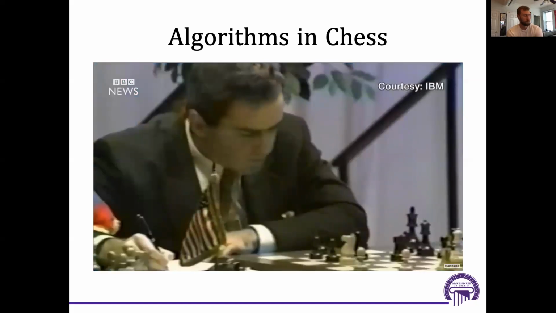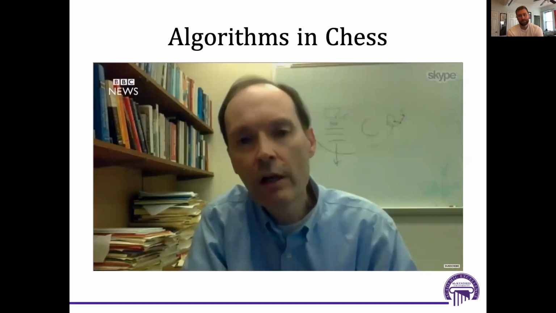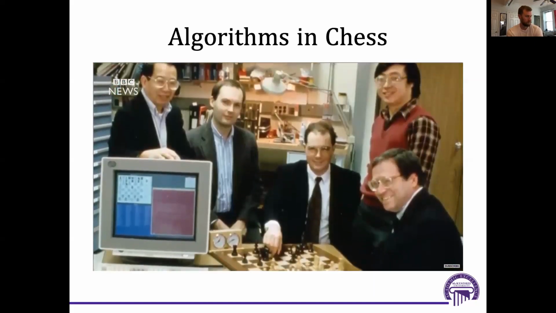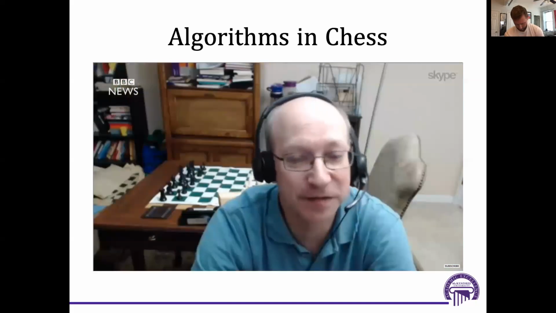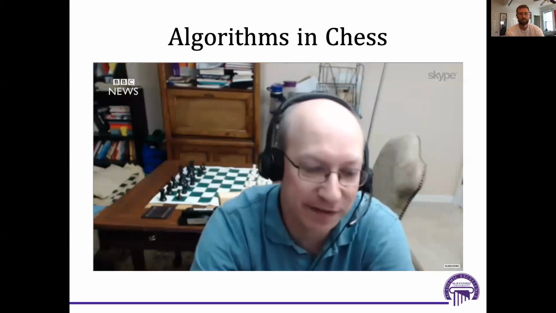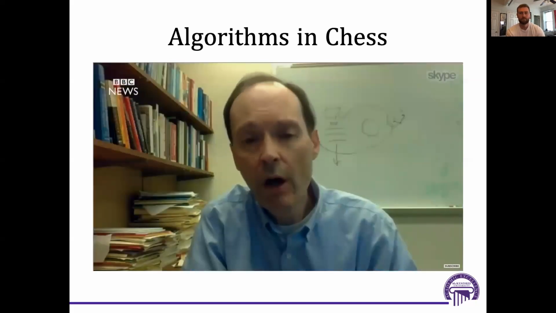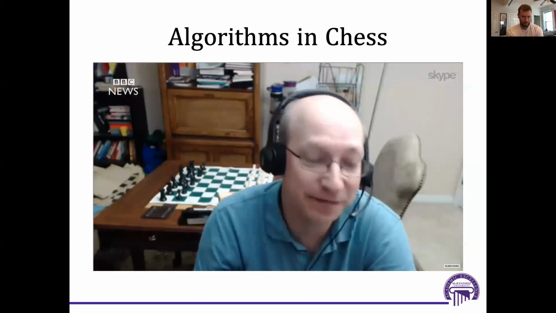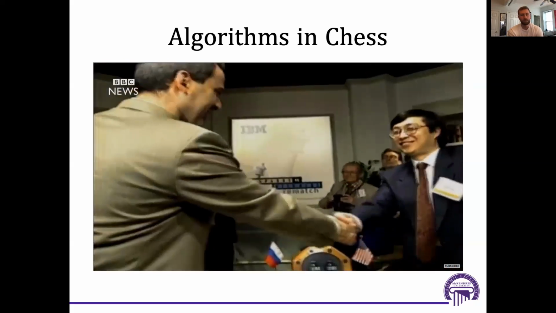We worked very hard in the intervening year to improve Deep Blue in various ways. I spent a lot of time in the office playing a lot of practice games, looking for lots of errors that needed to be fixed. And we were pretty confident that it would do better. But then we got to the match. That was the chance to see, did we make a difference? Gary Kasparov has arrived.